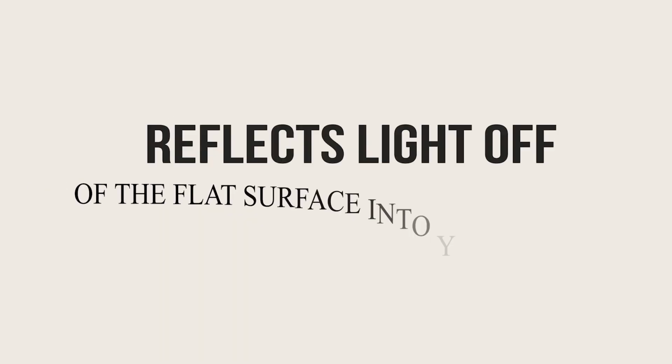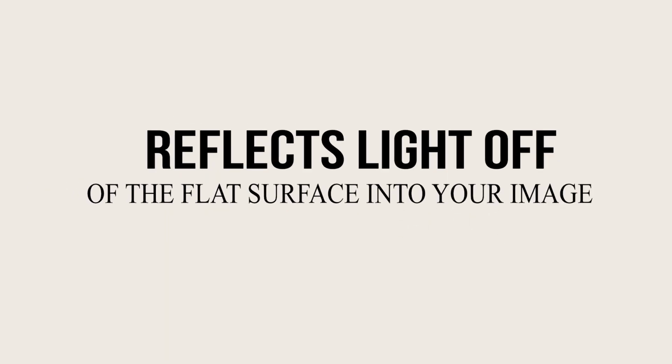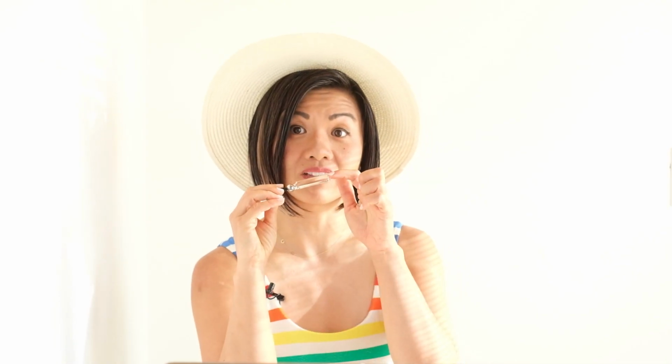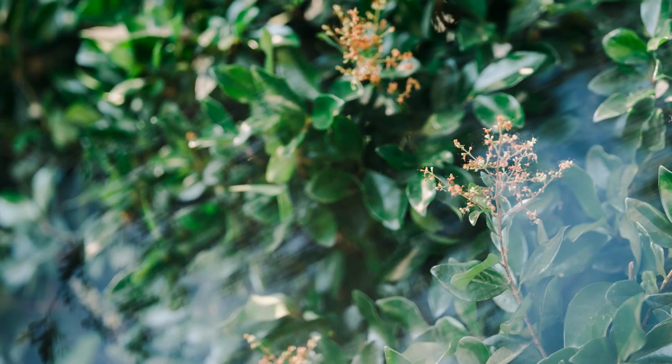One of my favorite things to do is reflect light off of the flat part of the wand, because by doing this you can actually create pretty defined reflections on here. So take a look here. If you look at this image here, you see how there's the bush in the back, but do you see these leaves here?